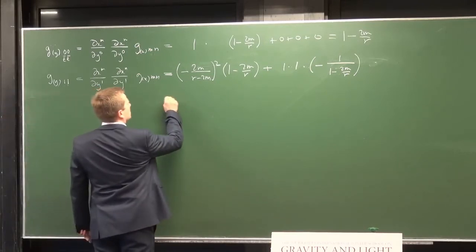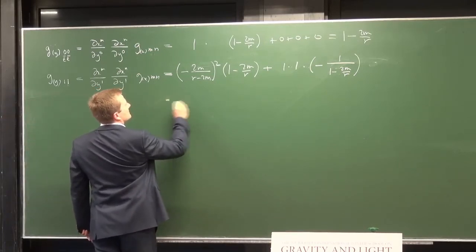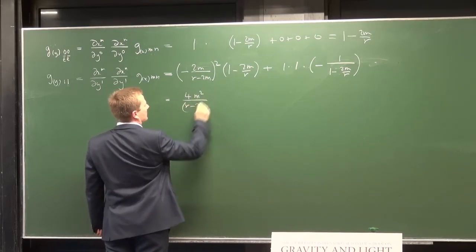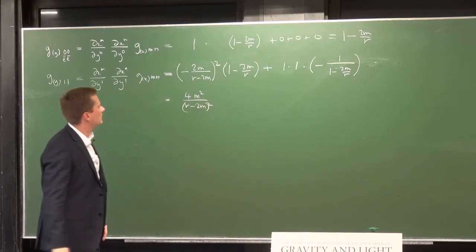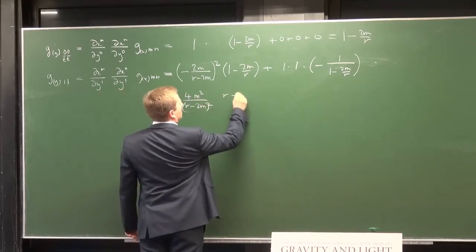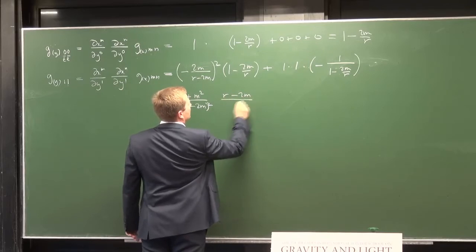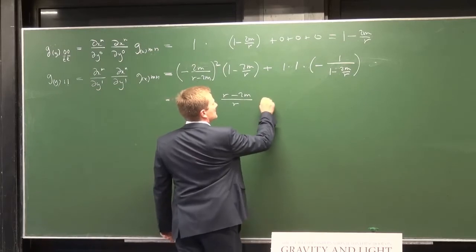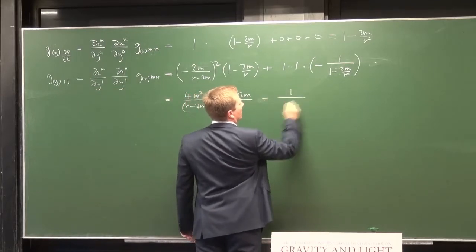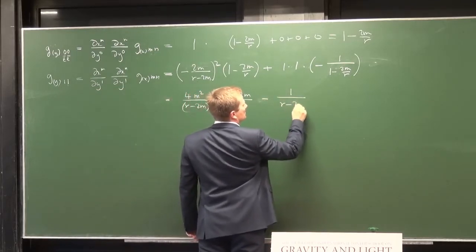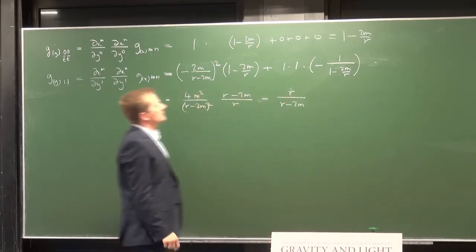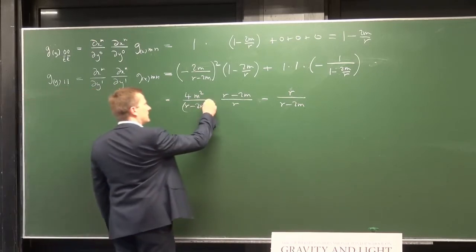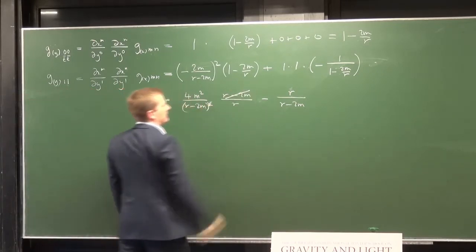So let's try to get this straight. What is this? This is 4m squared divided by (r minus 2m) squared. And here you have r minus 2m divided by r. It's the same thing. Minus 1 over r minus 2m, and we put an r here again. That's right, no? And then this square here goes against this factor up here.